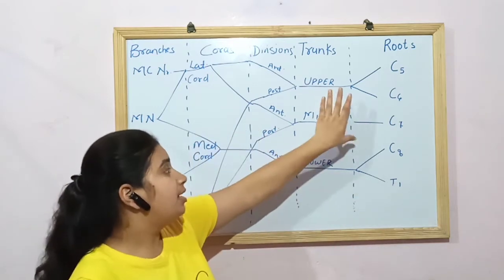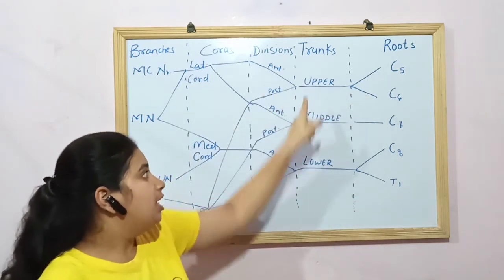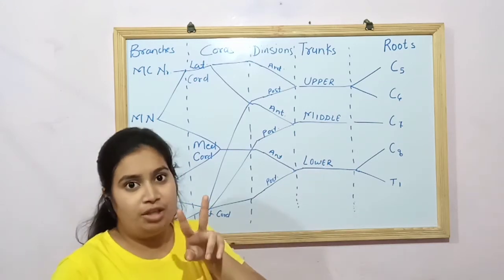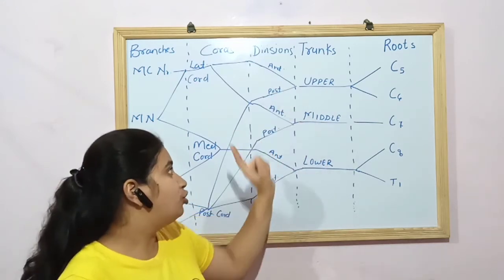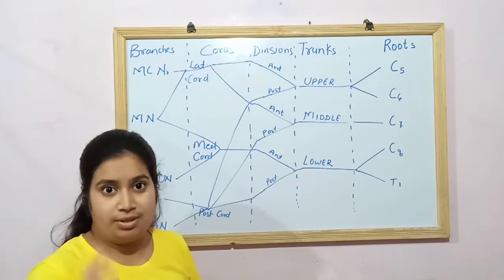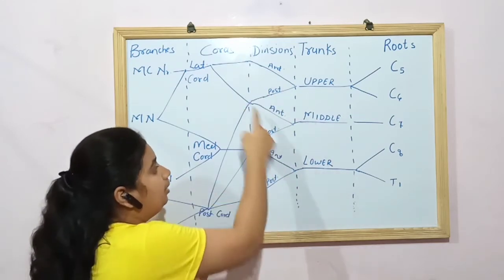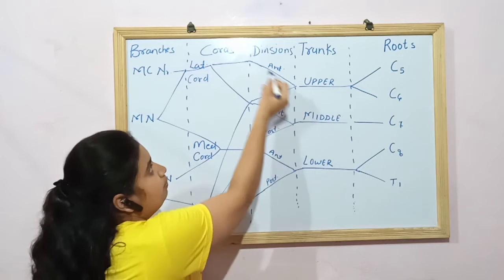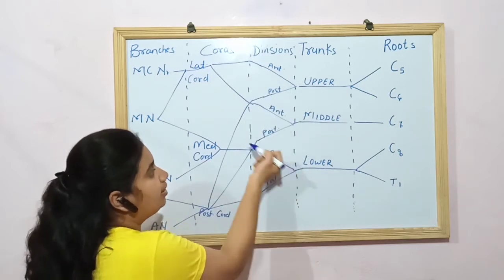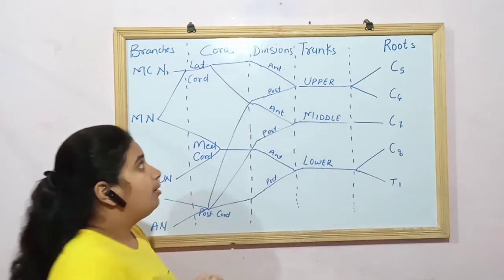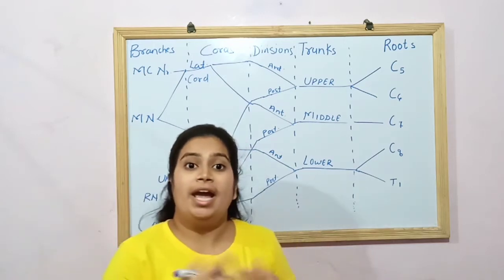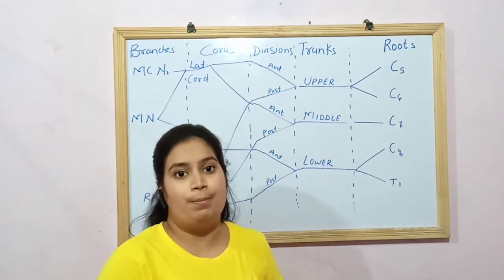Now these trunks give rise to divisions. Each of these trunks gives rise to 2 divisions, anterior and posterior. So there are a total of 6 divisions. Each trunk's anterior division provides motor nerves to the anterior part, that means the flexor parts.